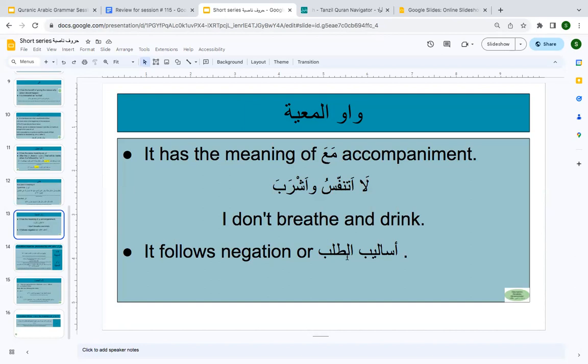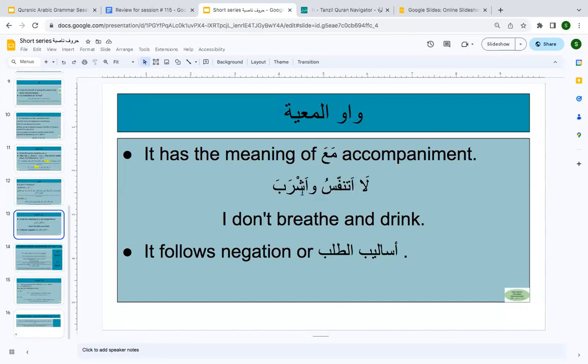Okay? So you will see this waw either after negation. And do you see this waw after negation in this sentence? Who thinks that the waw is after a negation here in this sentence? Yes, there is la nafiya before it.